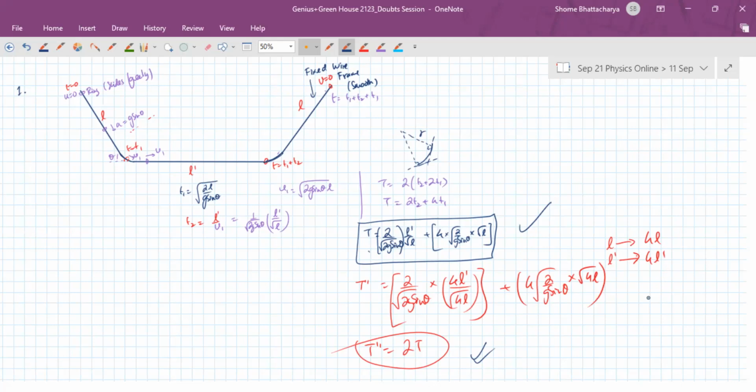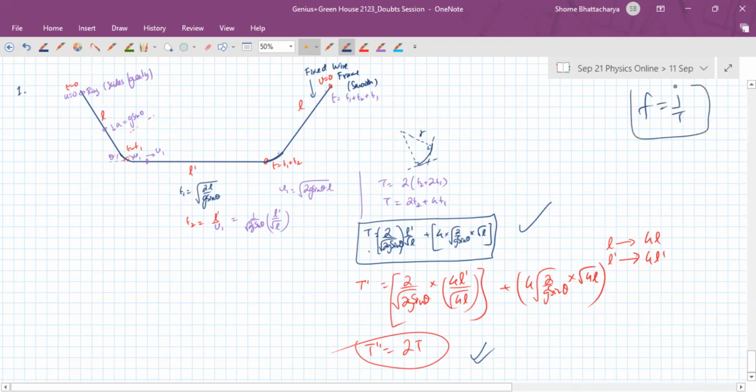So its frequency will become half because the time has doubled. Yes, sir. So frequency and time period have this inverse relationship. Frequency is 1 upon time period because this is the number of cycles per unit time. And capital T is the time for one cycle. So that's the relation. Okay, let's come to your next question.